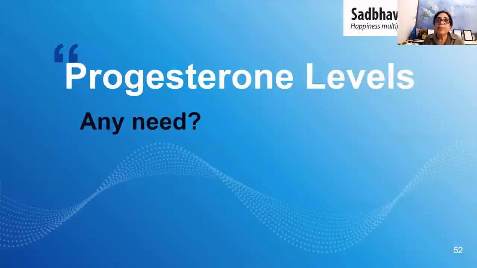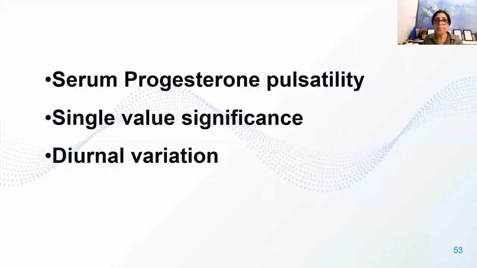Then, as in artificial cycles, there is so much talk about doing progesterone levels on the day of embryo transfer. Do we need to do the progesterone levels when we are doing a natural cycle or a modified natural cycle? One main difference is that when we are doing an artificial cycle and giving exogenous progesterone, we are inhibiting ovulation, so the levels are uniform.